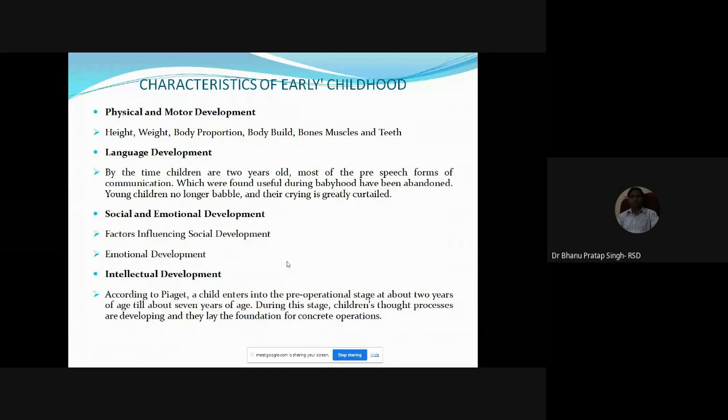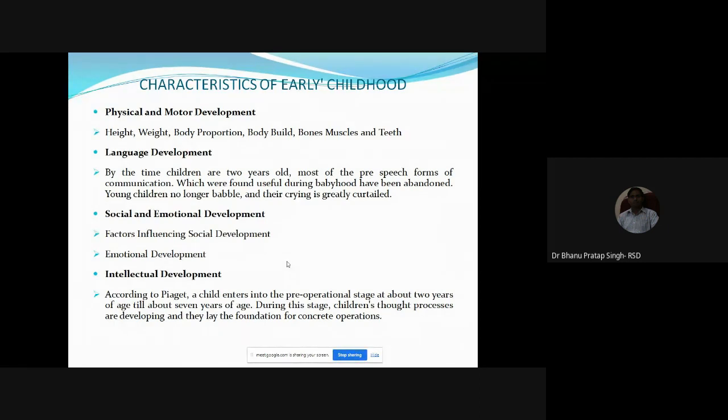We should learn about Piaget again. According to Piaget, who divided cognitive development into four stages, a child enters the pre-operational stage, and this early childhood age comes under the pre-operational stage.